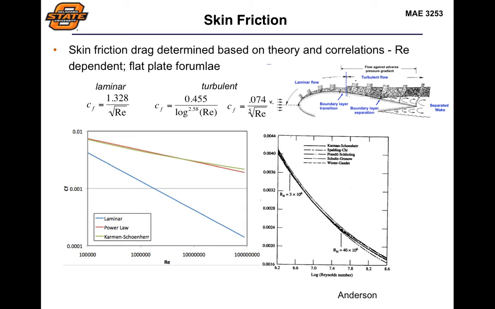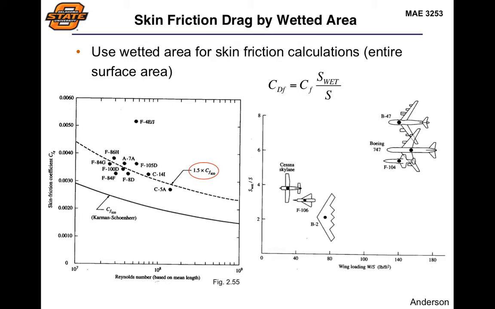Now, let's just assume we already know the breakdown between laminar and turbulent. Then it's a matter of determining how much overall area you have on the aircraft. What we use for this is called the wetted area, which is the overall total surface area of the aircraft.